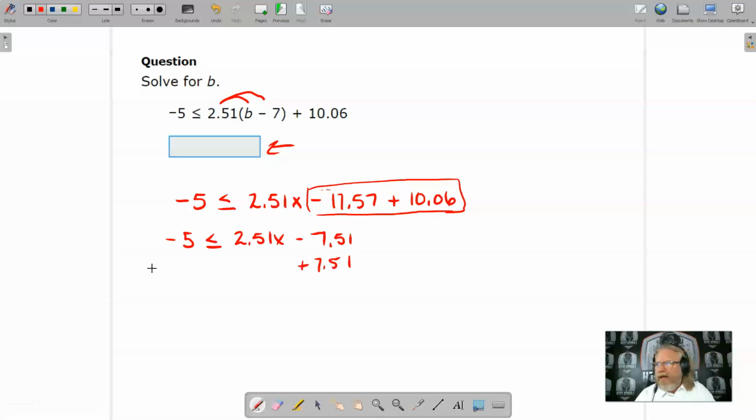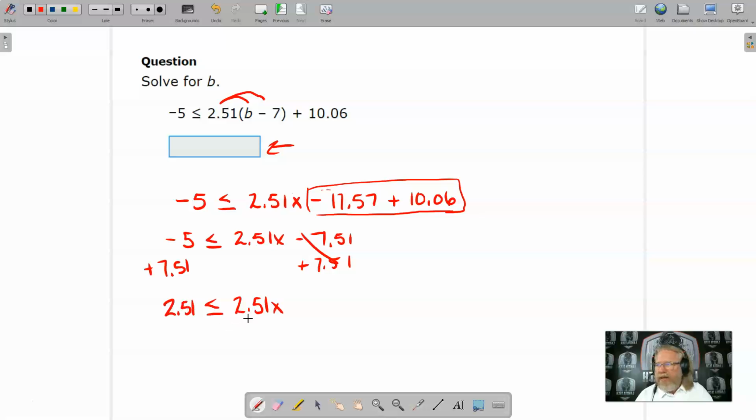And what I do to one side, I do to the other, plus 7.51, and keep my sign. Those are going to cancel each other, leave me with 2.51x, and then negative 5 plus 7.51, yep, is, oh, wow, looky there, 2.51.